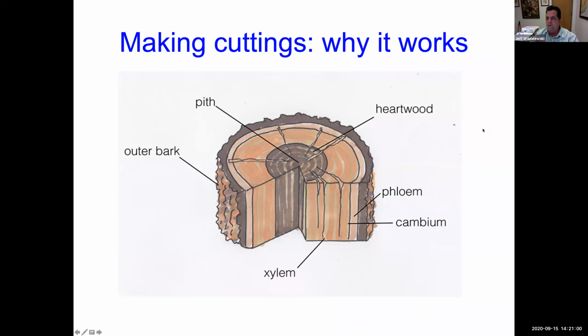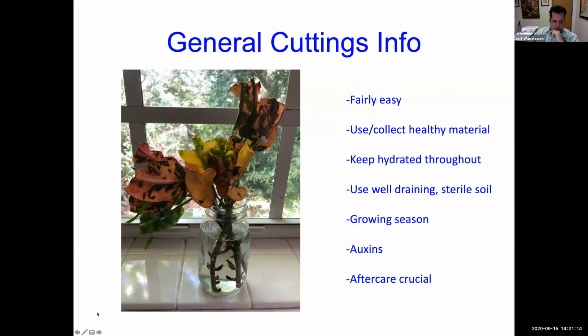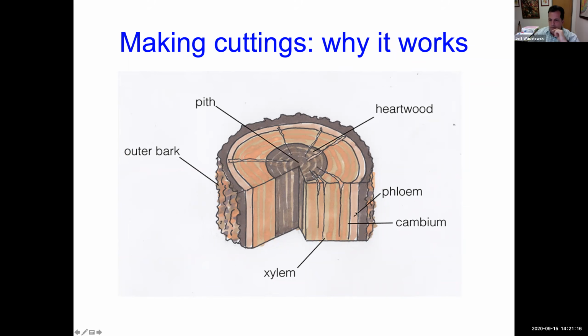Okay, so cuttings, why does it work? Remember, we're going to be doing this with dicots. This is what a dicot or a tree looks like inside if you were to cut it open. So what I want you to look at is the xylem in the middle, the phloem on the outside, and then cambium. Cambium makes more xylem and more phloem.